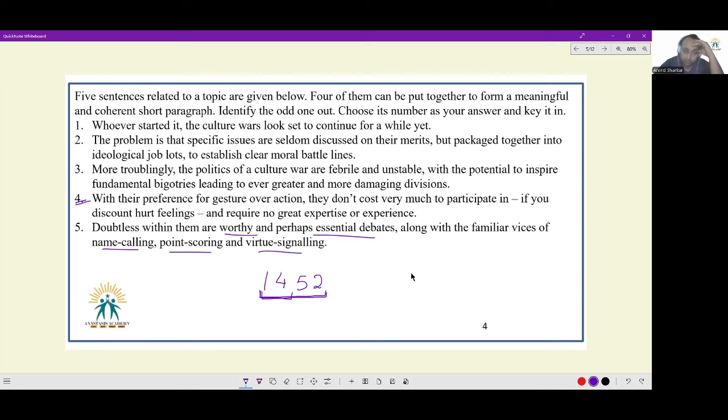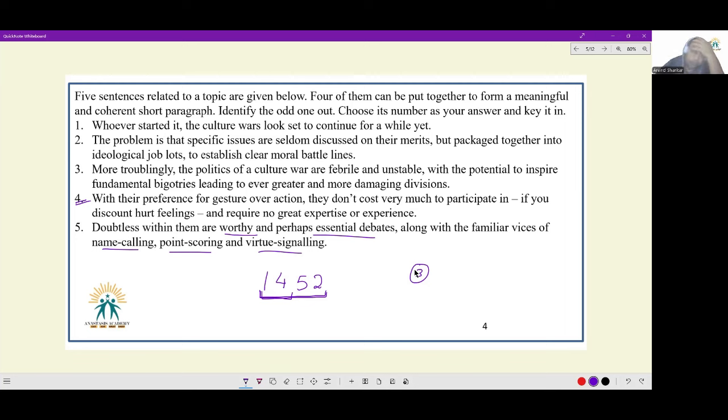Okay. I would say 1, 4, 5, 2 makes sense and 3 goes out. But if I had to particularly point out the trouble with 3, culture war has an additional political angle involved to it, the politics of culture war.